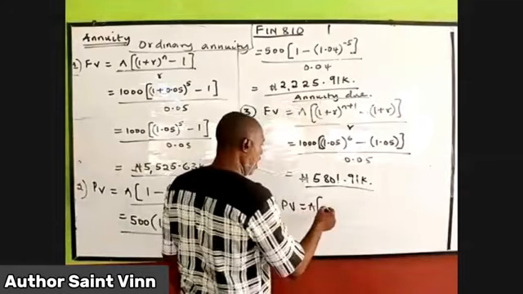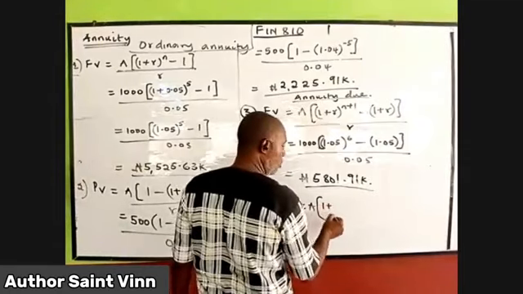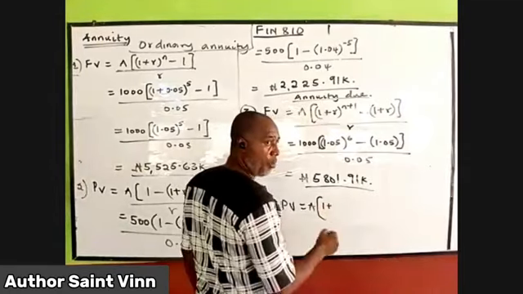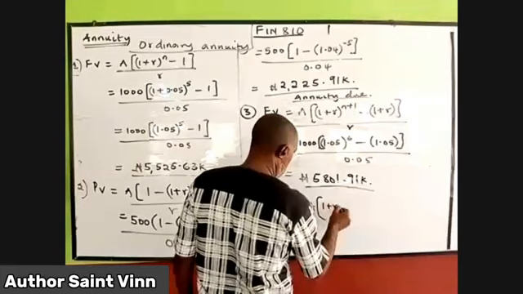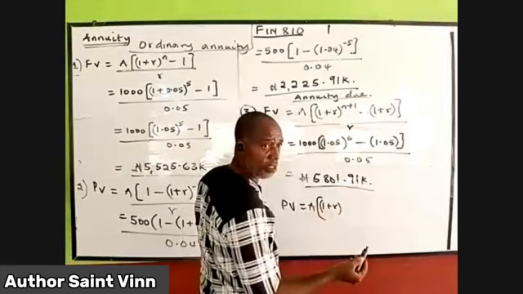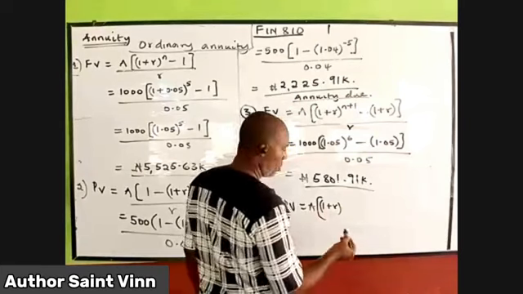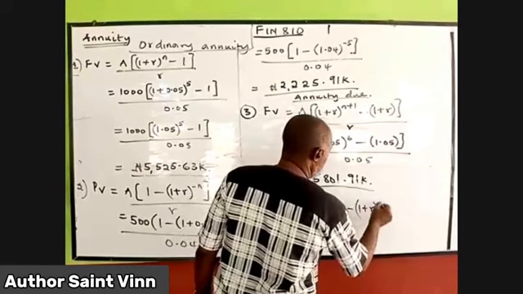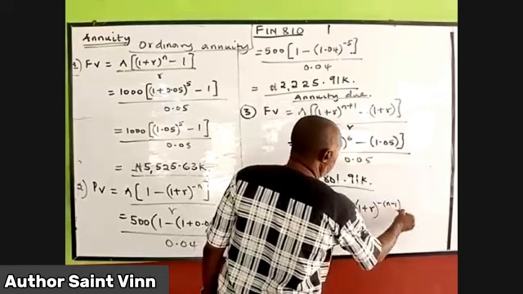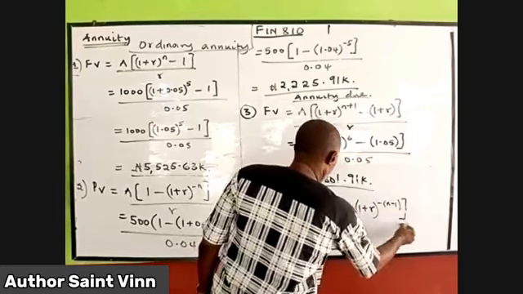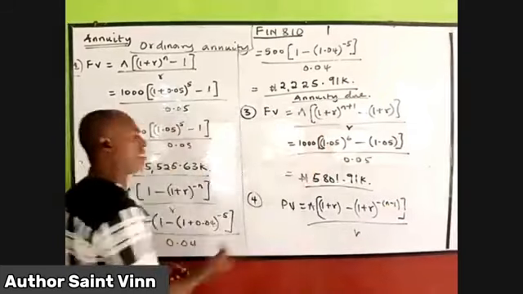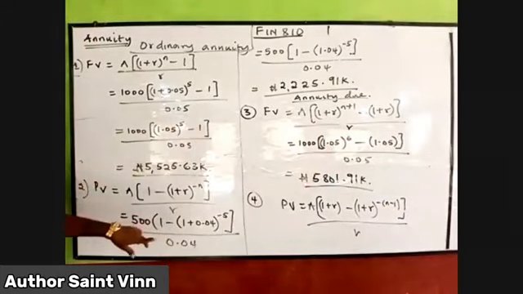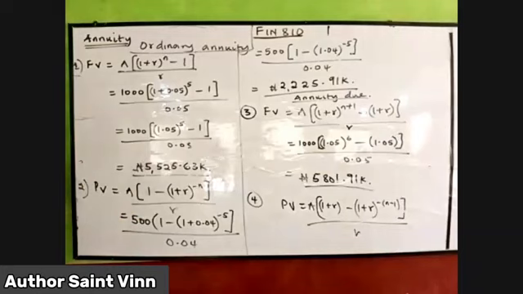So what's the formula I gave you? 1 plus r raised to power minus n, then minus 1 plus r, all over r. Now try it out. This one was 500, yes, 500. Good. So that's just how to do all these things.